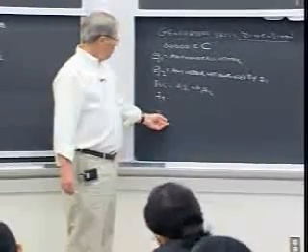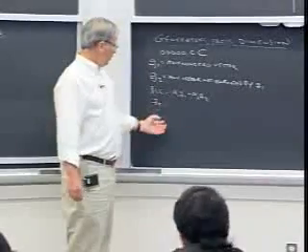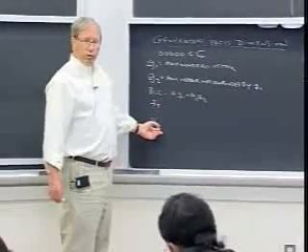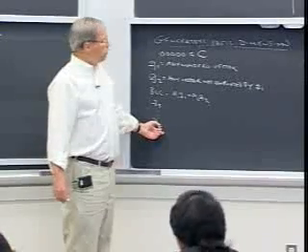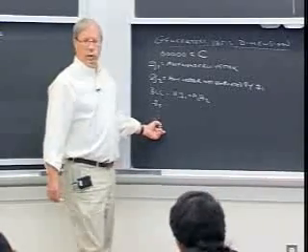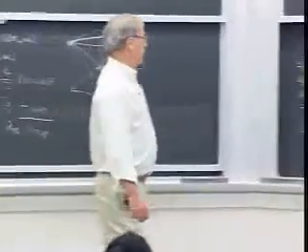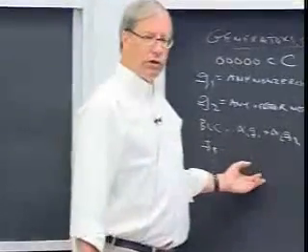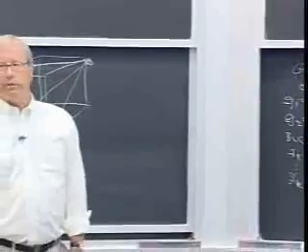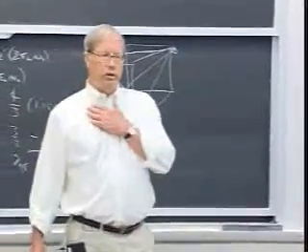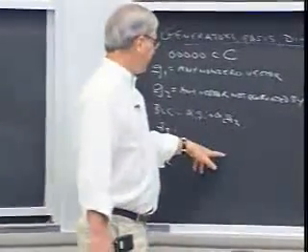When I've stopped, that's because the code consists of all binary linear combinations of these k generators, and therefore has size 2 to the k. All right? So the only possible size of a subspace is 2 to the k, a power of 2 where the power is at most n.